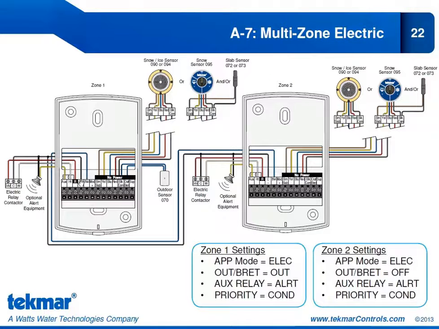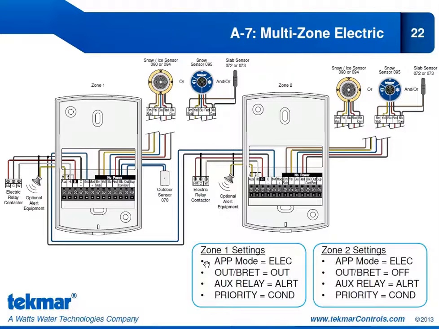You can see we have connections from the C and the TN4 on Zone 1 over to the C and the TN4 on Zone 2. Taking a look at the settings at the bottom of the screen, most of the settings for the Zone 1 654 and the Zone 2 654 are the same. They are both application mode elec, so that's an easy one.